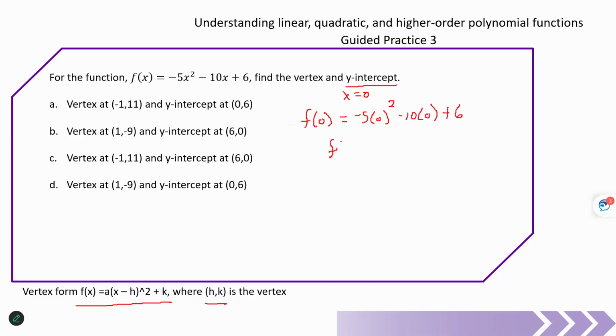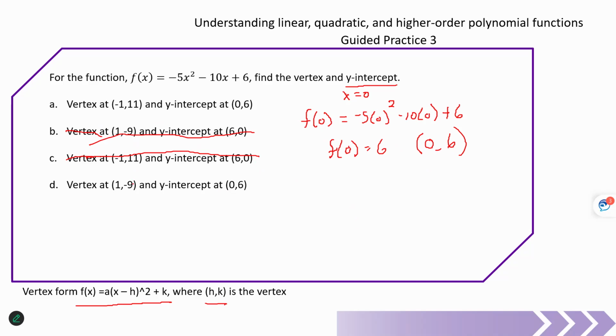So we get f of 0 equals 6, or the point (0, 6). That's our y-intercept. So by just doing that, you can get rid of two options. So now you're at least at a 50% chance of guessing if you had to guess, if you for some reason forgot the vertex form.